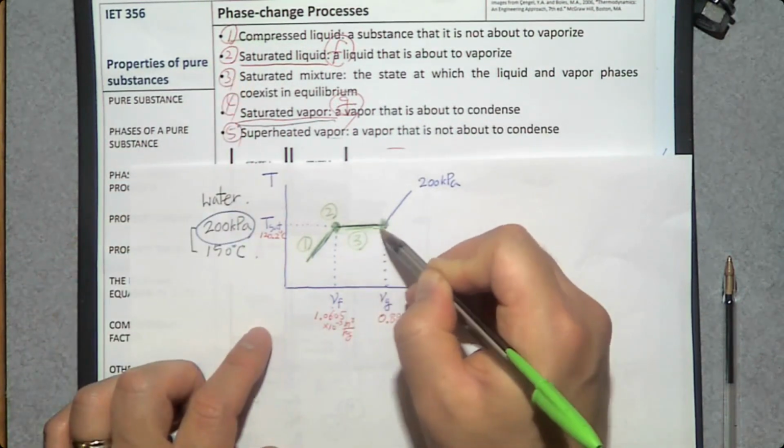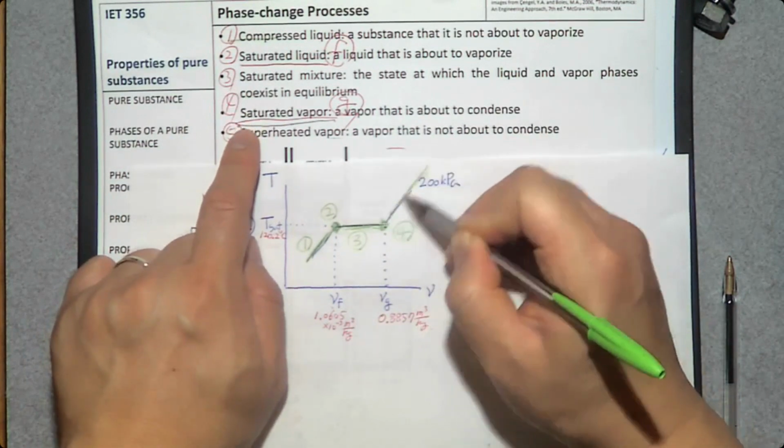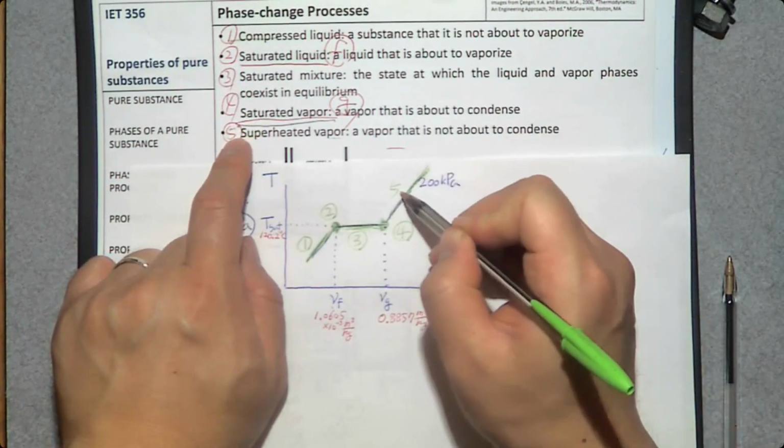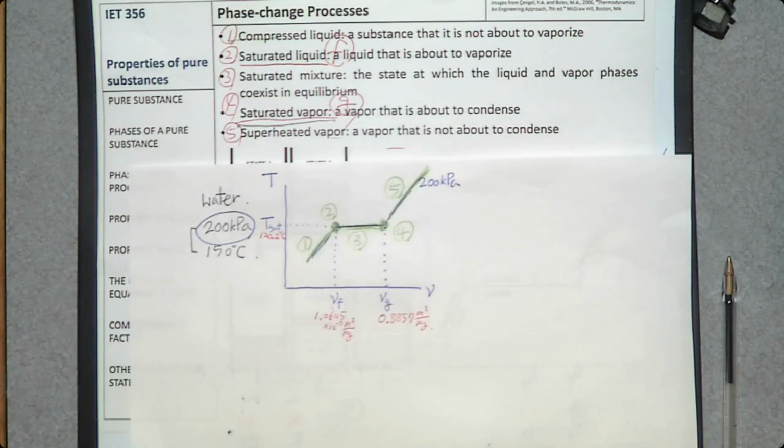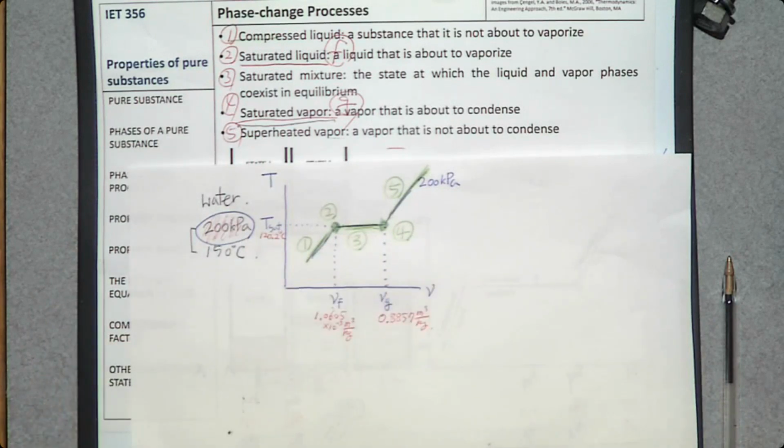This point represents saturated vapor, number 4. And finally, this line represents number 5, superheated vapor. So now we completed this TV diagram by using this pressure. As long as the water has 200 kilopascal pressure, that water should be on this line.